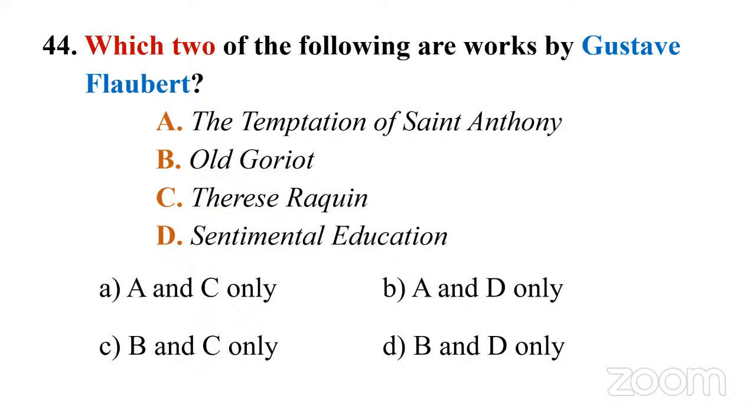Then C, Therese Raquin, T-H-E-R-E-S-E, Raquin, R-A-Q-U-I-N. And D, Sentimental Education. Then we have the options. Option A and C only. So in the sense, The Temptation of Saint Anthony and Therese Raquin only. Or B and D only. C, B and C only. D, B and D only.